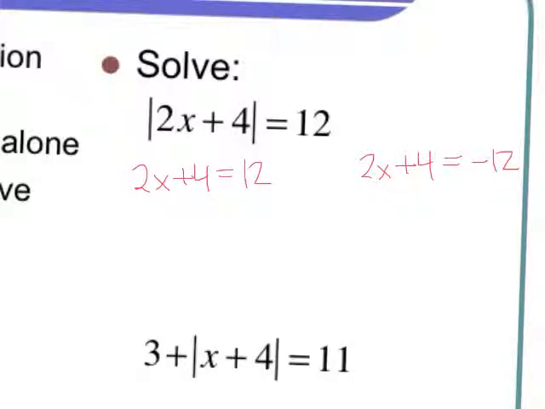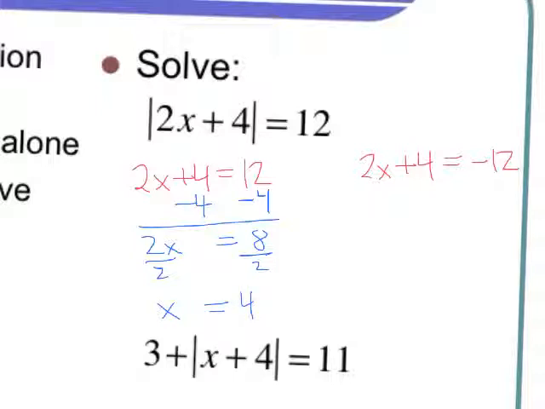So let's solve the positive case, and to do that we're going to have to try to get x alone. It's been multiplied, it's been added to, so I'll subtract 4 from both sides. That gives me 2x equals 8. And to undo multiplying, divide. And so we've got x equals 4 as one solution.